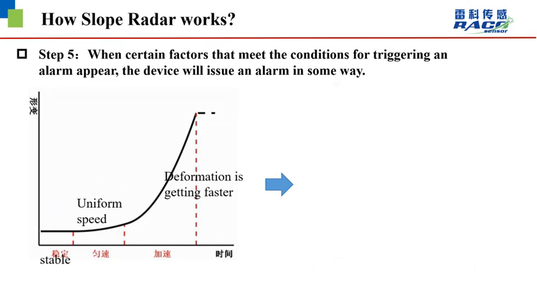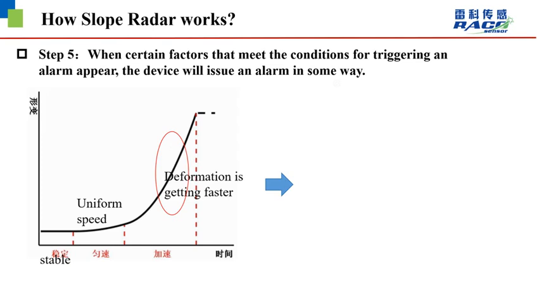Step 5. This is the final task of the slope radar. The final task is to generate alarms. When certain factors that may trigger an alarm occur, in this case, we can see this part.